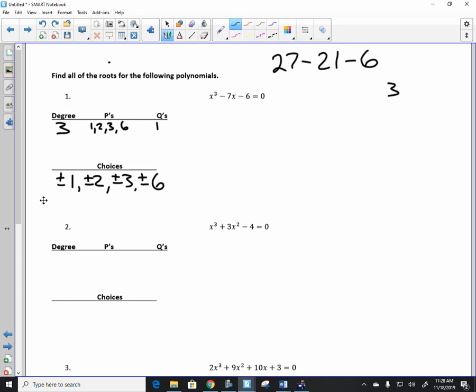So here's what I want you to think of. If 3 is a solution, what's the binomial that divides evenly into it? So, for example, a binomial would be like x plus 1 or x minus 10.